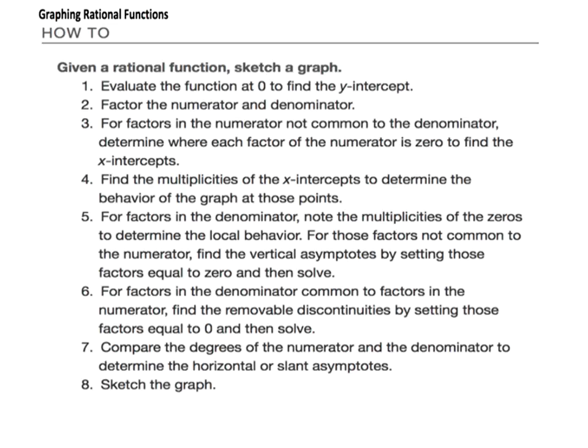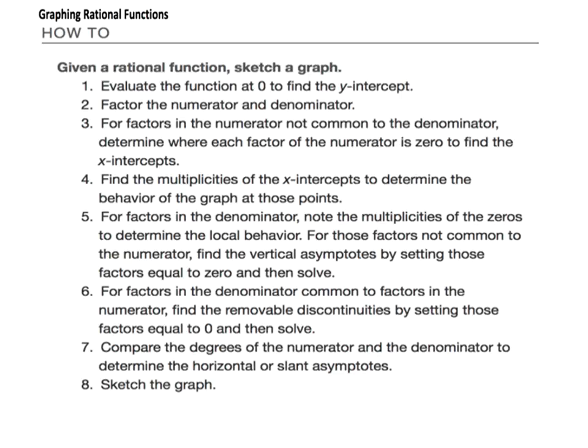Okay, so here are the steps that you move through to graph a rational function. You find the y-intercepts. You find the x-intercepts after you factor the numerator and the denominator. You need to note the multiplicities of the x-intercepts. Then you find your vertical asymptotes or holes by setting the denominator equal to 0.